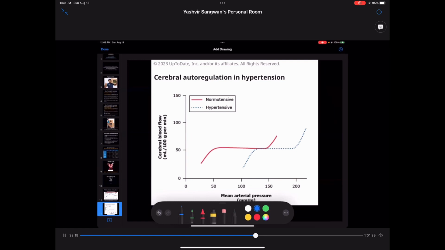So we know that if a patient is regularly hypertensive, like this one, their autoregulation might be way different. And therefore, hypotension is defined as a systolic blood pressure of less than 90 or less than 30 of the baseline systolic blood pressure of the patient.